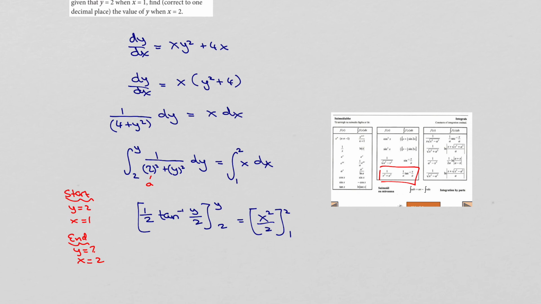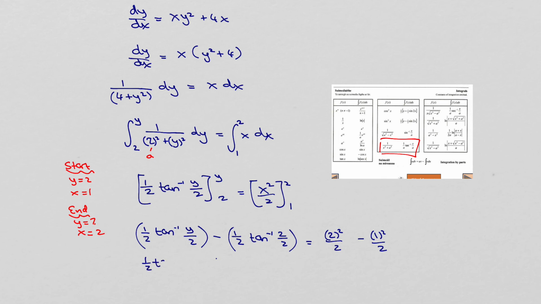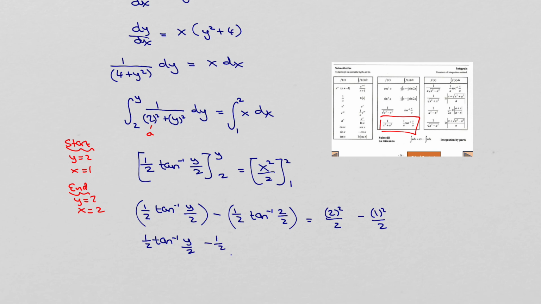Okay, so subbing in our values then. So we have a half tan inverse of y over 2 minus a half tan inverse of 2 over 2 is equal to 2 squared over 2 minus 1 squared over 2. So therefore that's a half tan inverse of y over 2 minus a half tan inverse of 1 is equal to 2 squared, which is 4 divided by 2, which is 2 minus a half.